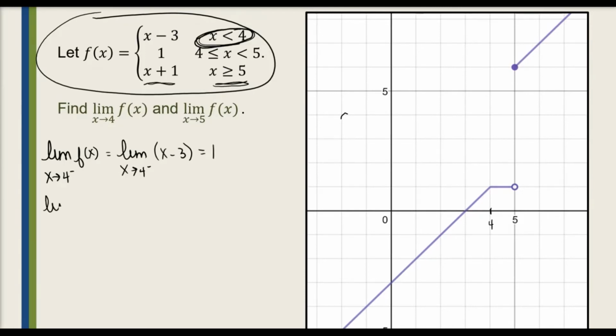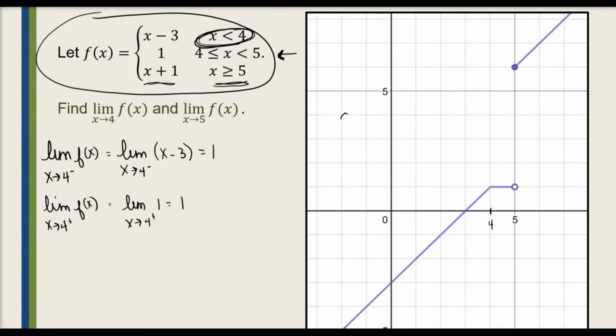And if we look for the limit as x approaches 4 from the right of f of x, then we check to see where x is immediately to the right of 4, what is our function defined to be? And it looks like in this case, it's 1. So we have the limit as x approaches 4 from the right of 1, which of course is just 1.